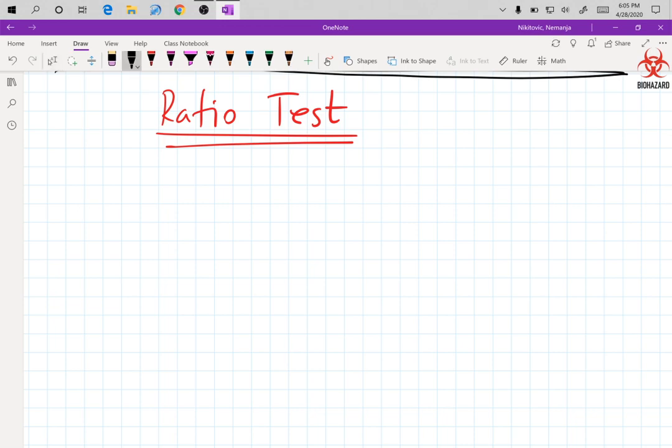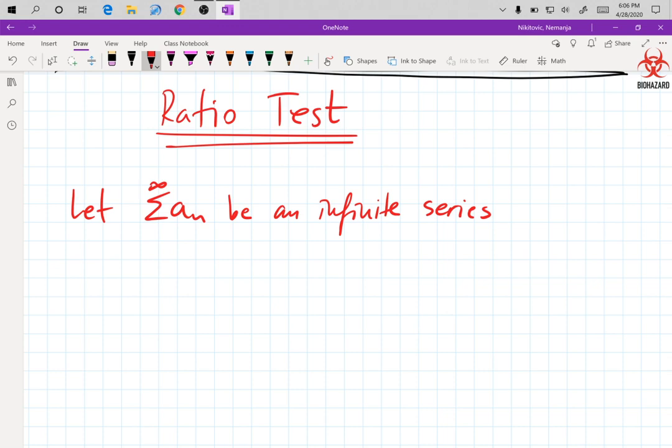So the proposition for the ratio test is pretty much the same, as the conclusions are the same as for the root test. We just have to work with a proposition for it. So let's say like this: let the summation of an be an infinite series.